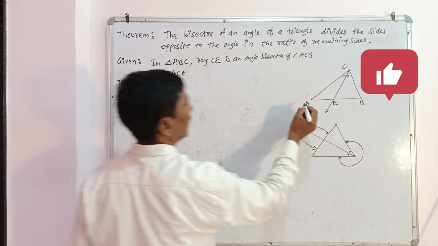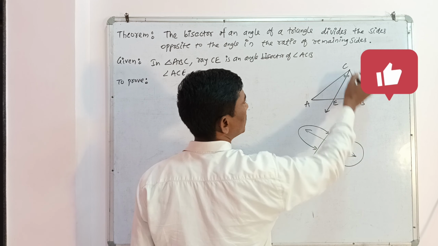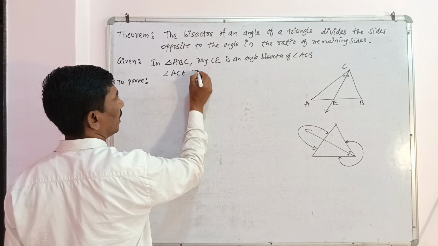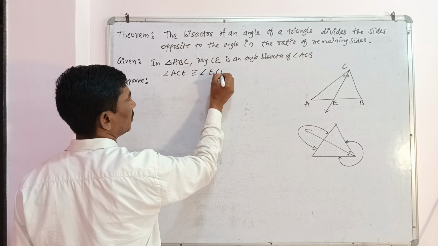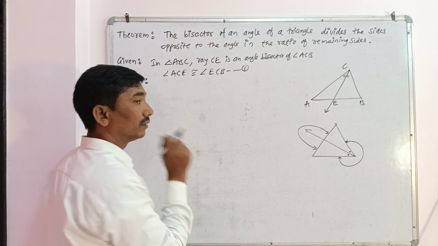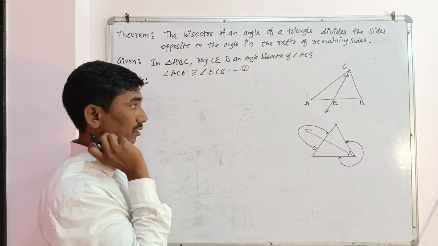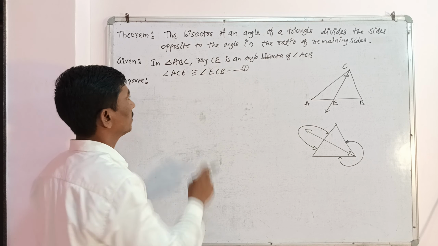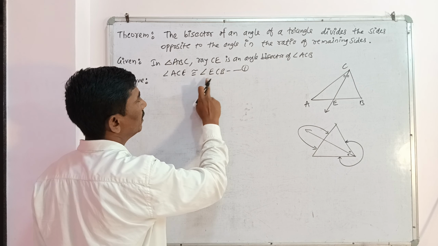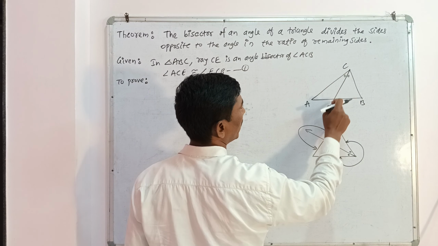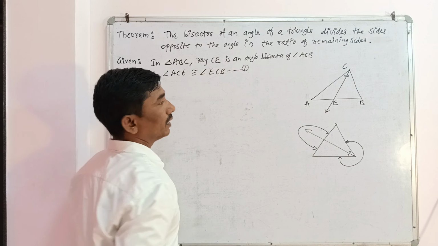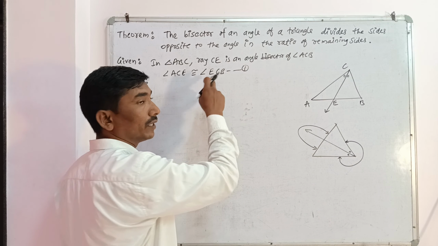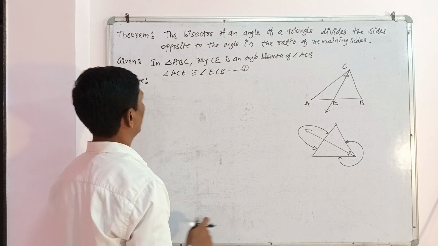So angle ACE and angle ECB are congruent, since they are made by the bisector, so they must be of the same measure. I will call this equation number 1.